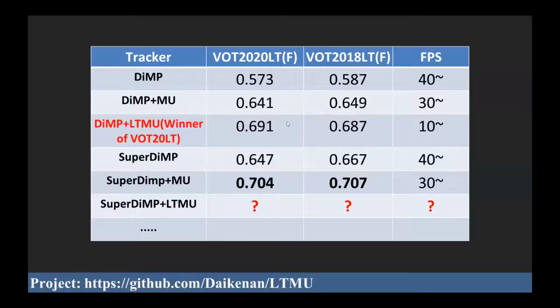It also has further improvements for Super DiMP; this experiment is after the VOT challenge. We have achieved the best result in the VOT2020 dataset. And what will happen if LTMU is added to Super DiMP? I don't know.